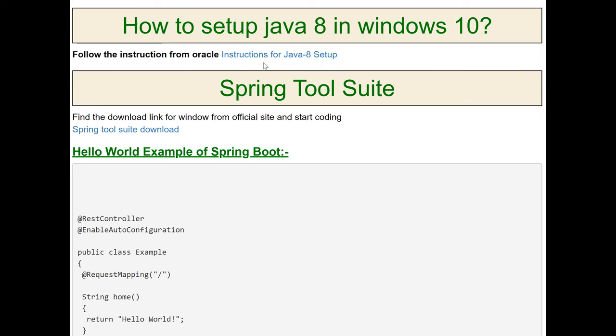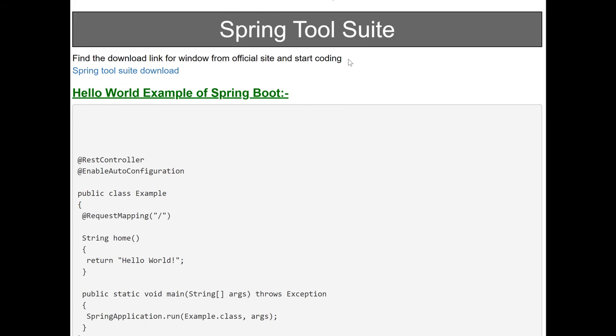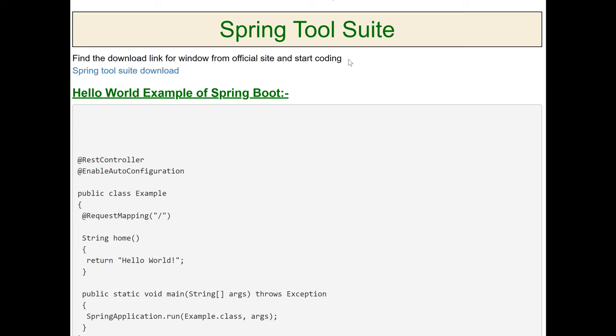We have an Eclipse-based Spring Tool Suite where you can write the code and check it. We are going to start with Spring Tool Suite, where we will write the code and develop the applications. Let's understand how the application gives you the hello world example.